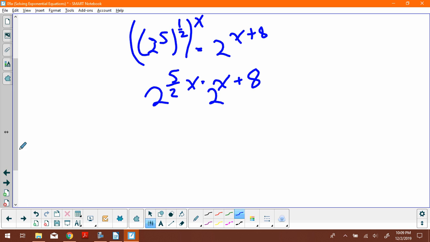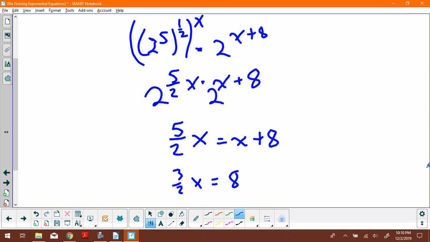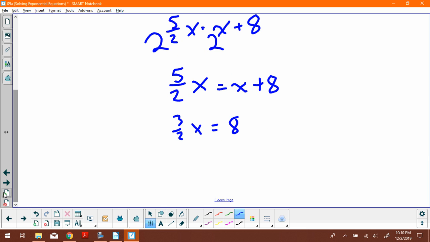So that means I can drop the bases and start solving for x. Again, I'll bring x over. So I have 3 over 2x is equal to 8. So 3x equals 16. x equals 16 over 3.